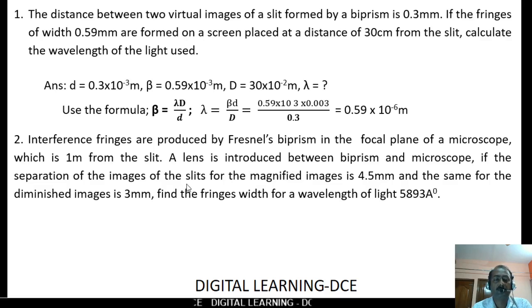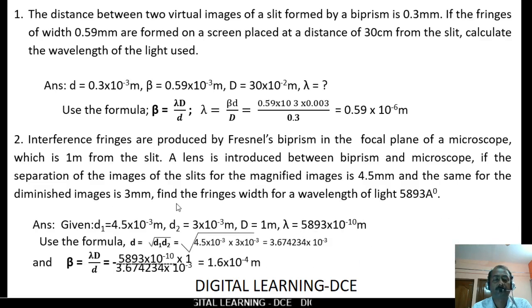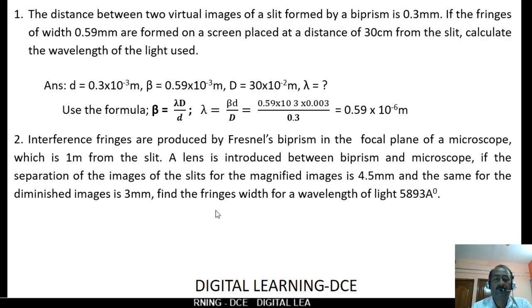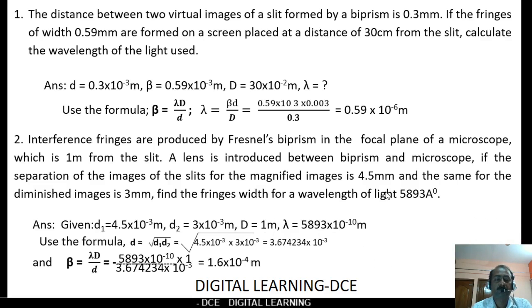If the separation of the images of the slits for the magnified images is 4.5 millimeter and the same for the diminished image is 3 millimeter, find the fringe width for a wavelength of light 5893 angstrom. For this one, it is also based on the Fresnel's biprism.